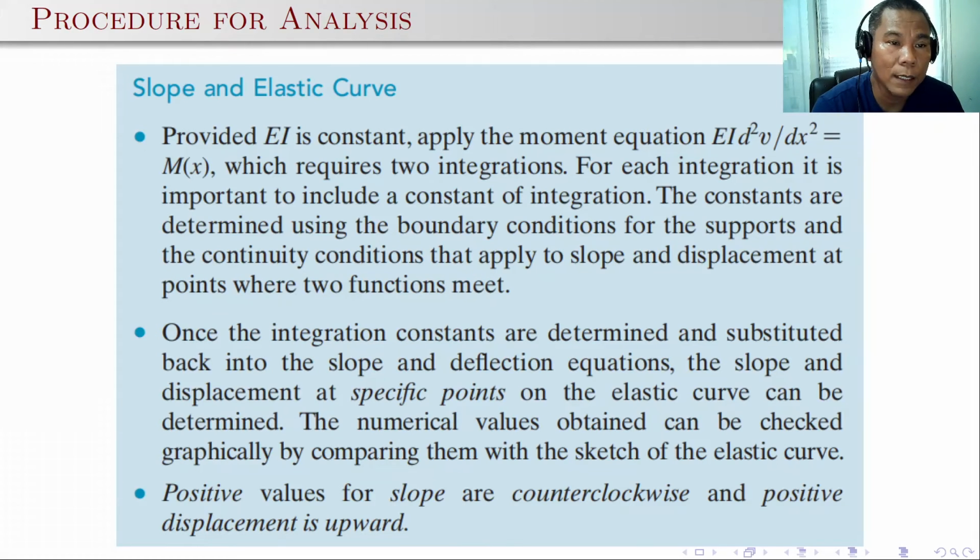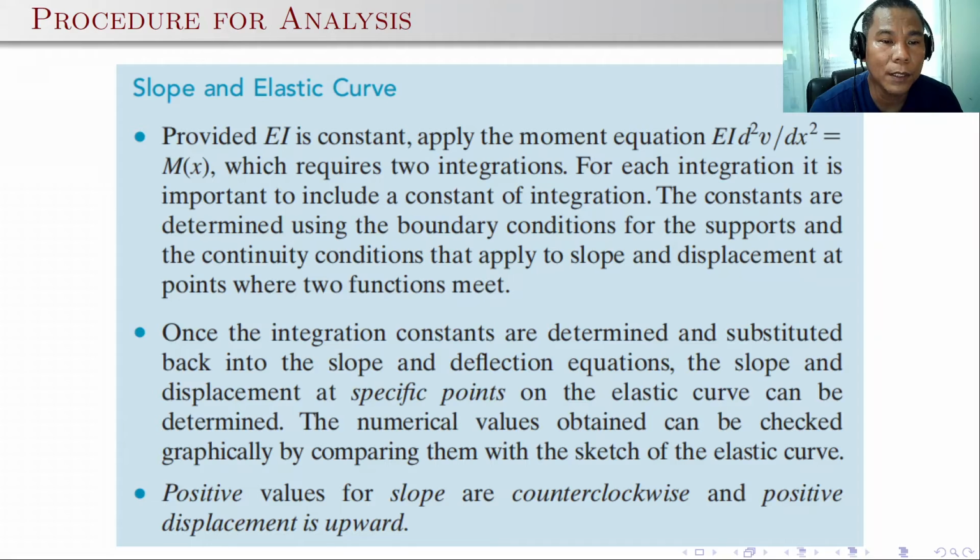For the slope and elastic curve, you have to take note that the provided EI is constant. Apply the moment equation, EI d squared v over dx squared is equal to M(x), which requires two integrations. For each integration, it is important to include the constant of integration.